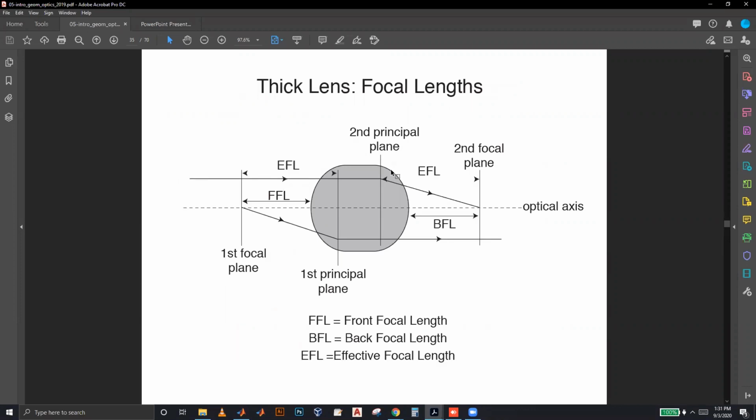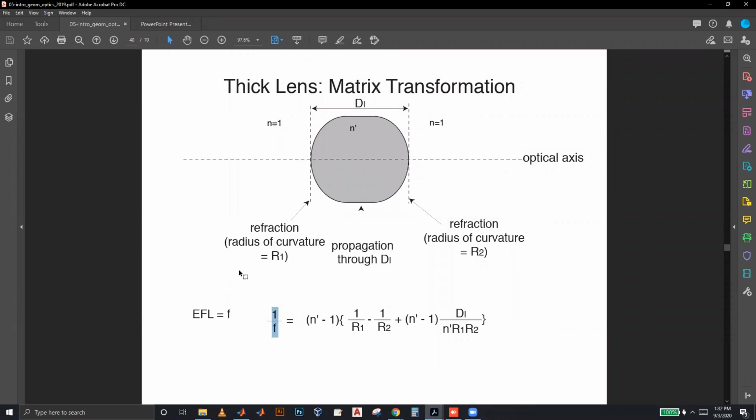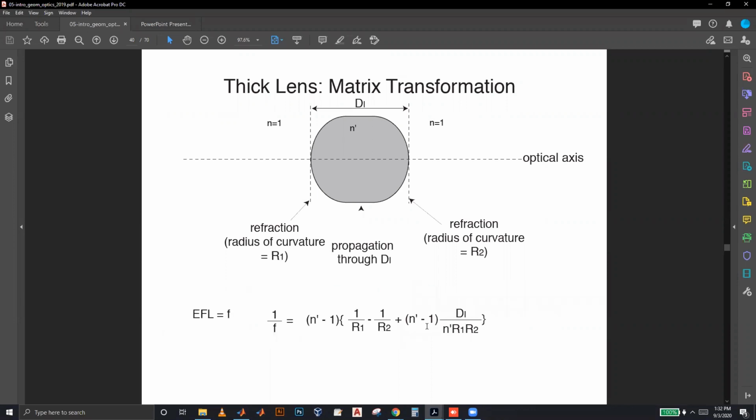Okay, so that's the significance of all these terms that we discussed. For the thin lens, it's just focal length. For the thick lens, it's effective focal length, which equals f. 1 over f equals power. Power is the negative of the M12 term, which is given over here.